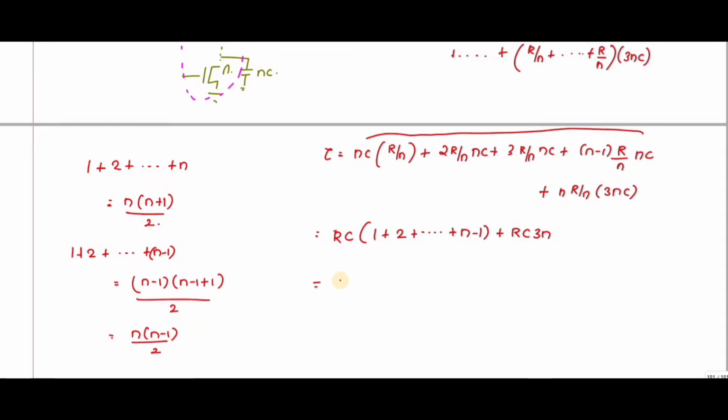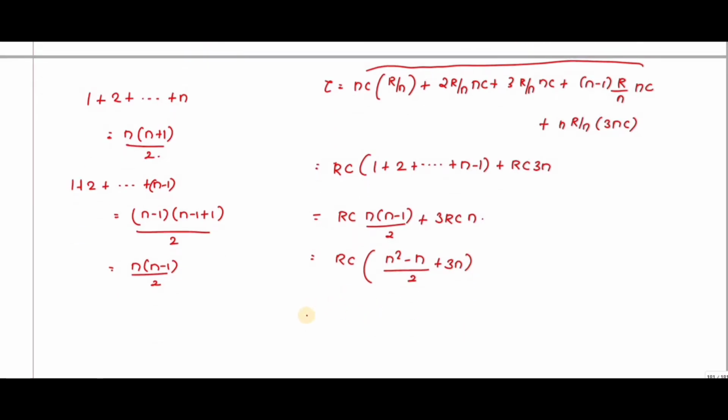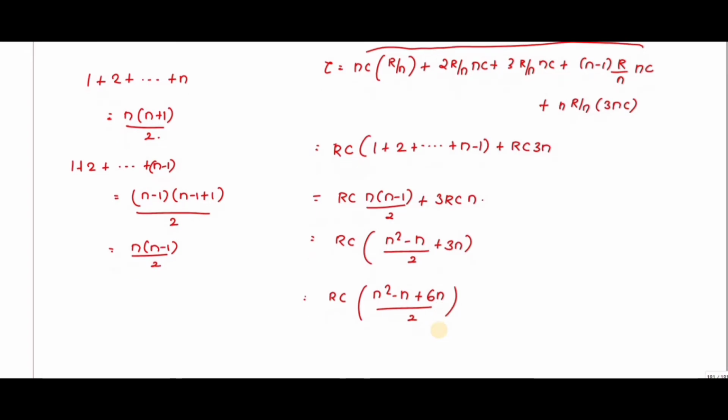Substituting, RC into n(n minus 1) divided by 2 plus 3RCn. Taking RC common, n squared minus n divided by 2 plus 3n, which equals RC times n squared minus n plus 6n divided by 2, which is RC into 5n plus n squared divided by 2. So this is my formula.